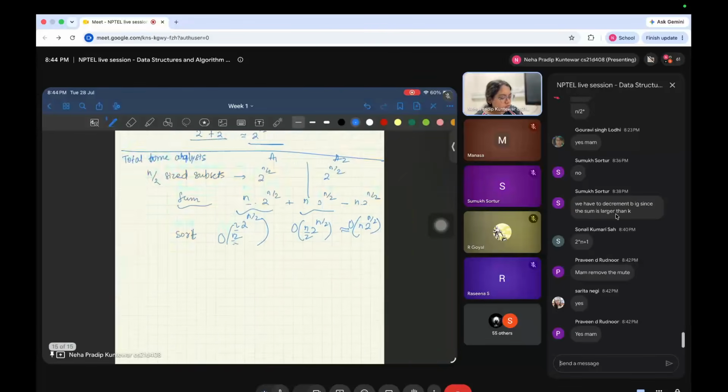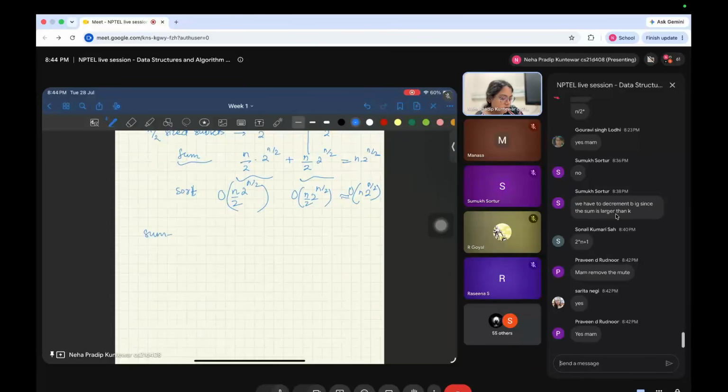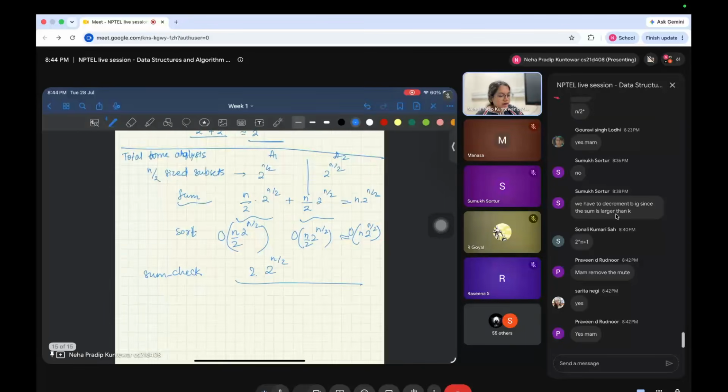This sum check took you 2 times 2 to the n by 2 amount of time. And if you add all these times together, the dominant term here is n times 2 to the n by 2. So overall your algorithm runs in this amount of time.